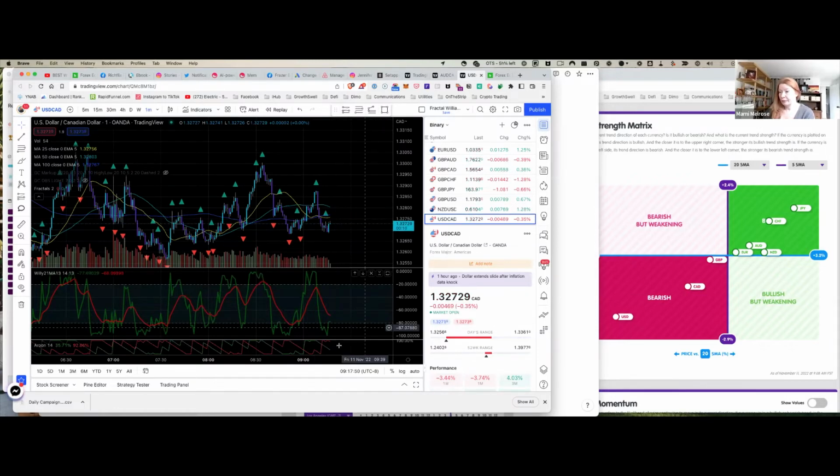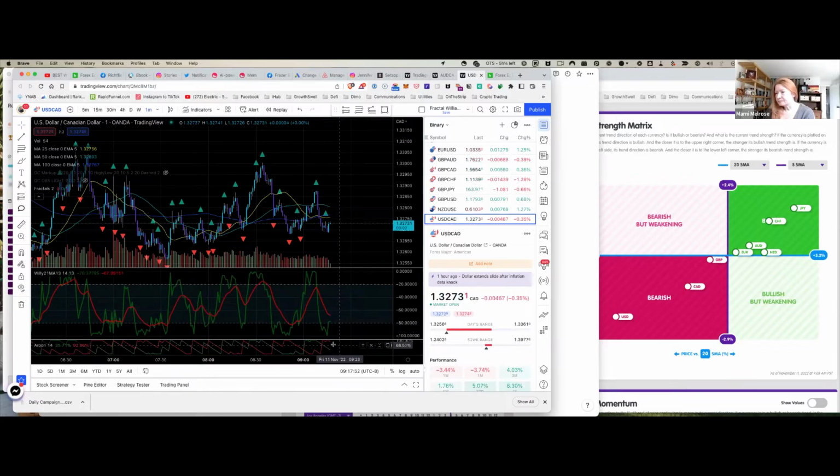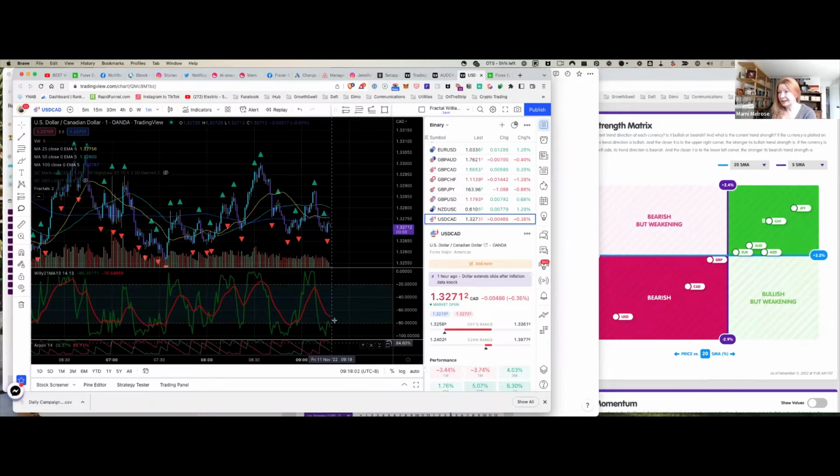Now let's look at our Aroon. Right now, red is in control, which means the pressure is to sell, right? And you'll notice there goes that purple line. The reason that I don't have the candles red and green is because psychologically, people can get triggered by it.